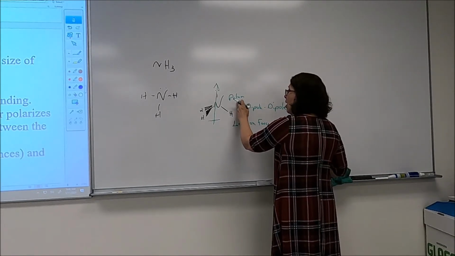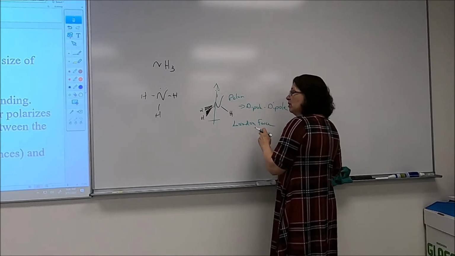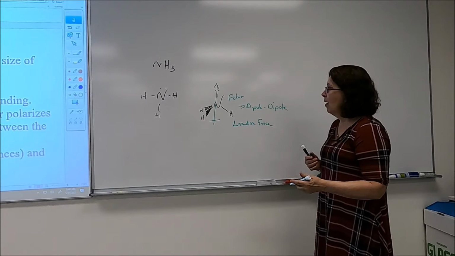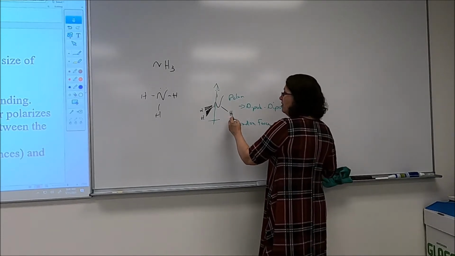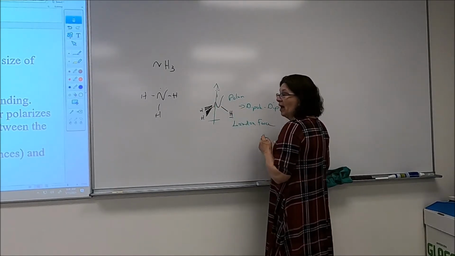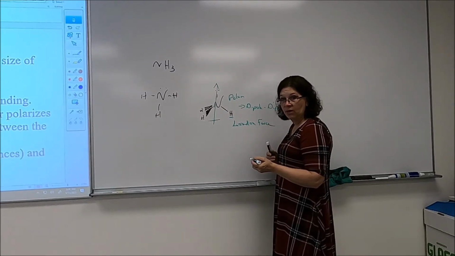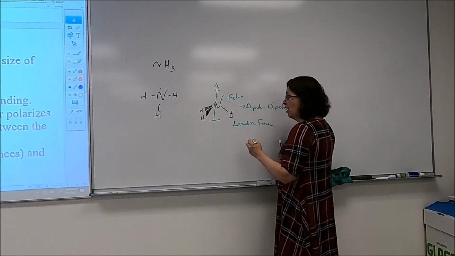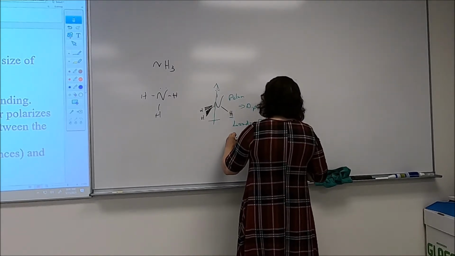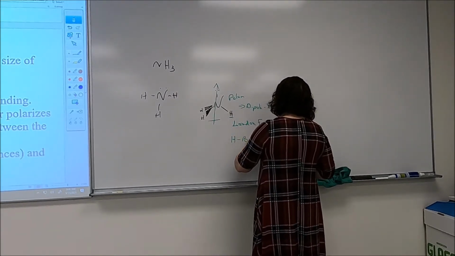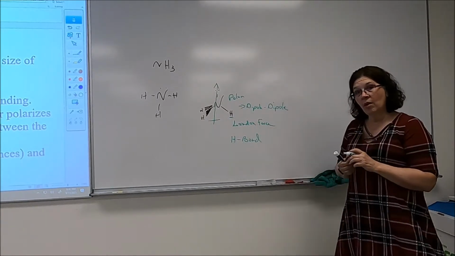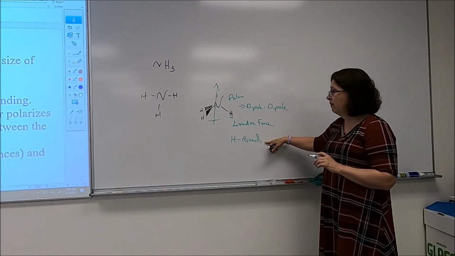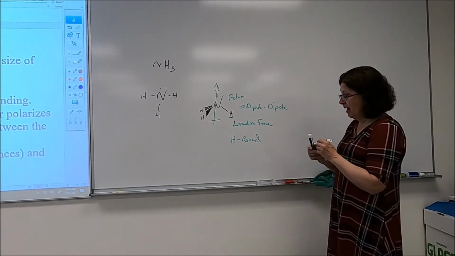Anytime you have a polar molecule and you have dipole-dipole, you have the possibility then of having hydrogen bonding. You want to look and see if you have hydrogens bonded to a nitrogen, oxygen, or fluorine. In this case, I have a hydrogen bonded to a nitrogen, so this can also hydrogen bond. So between 2 ammonia molecules, we see 3 different intermolecular forces at play.